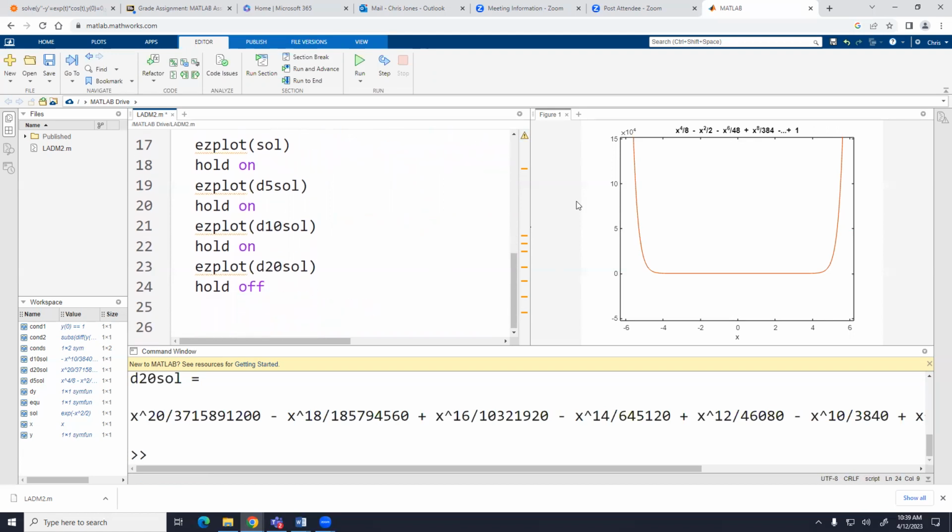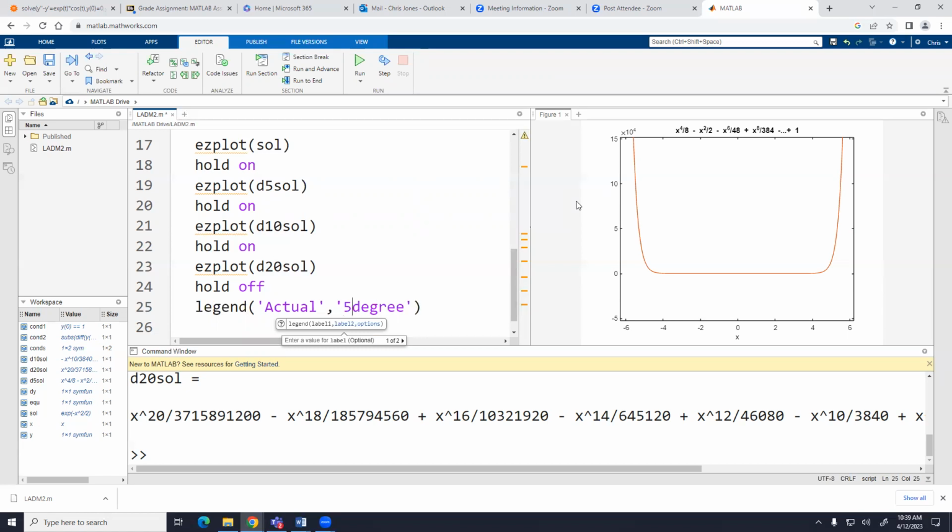I think there's a function legend, and what that will do is label each of the functions. So I could just say original, or the actual, and then 5th degree. You just put them in order.